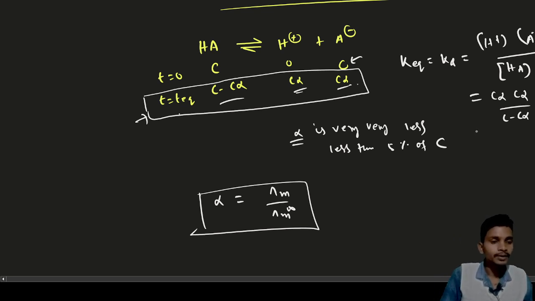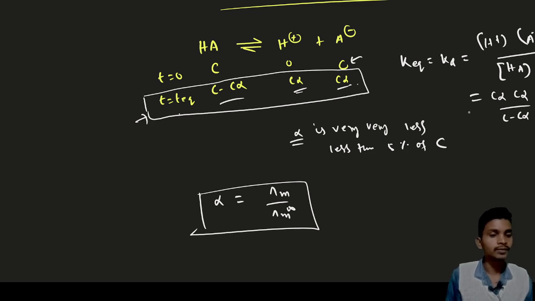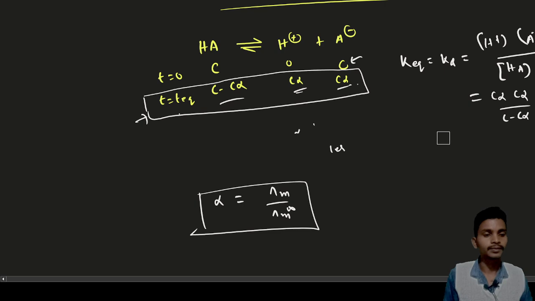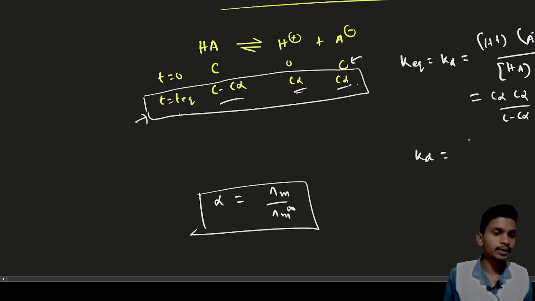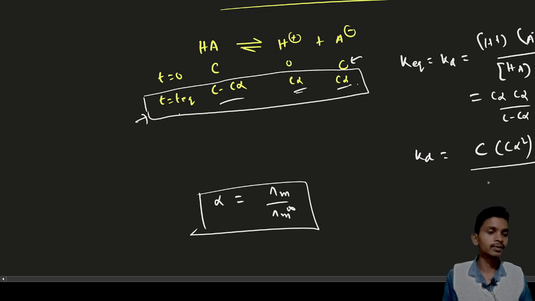If I reduce this, Kd is equal to C alpha square divided by C times (1 minus alpha). So this C we can cancel, and then this is equal to C alpha square by (1 minus alpha).